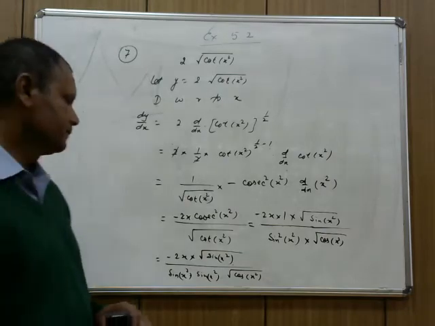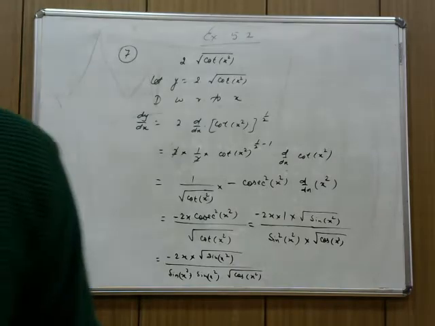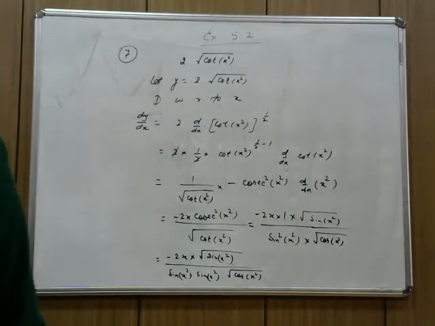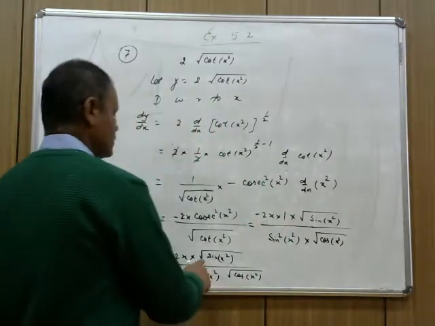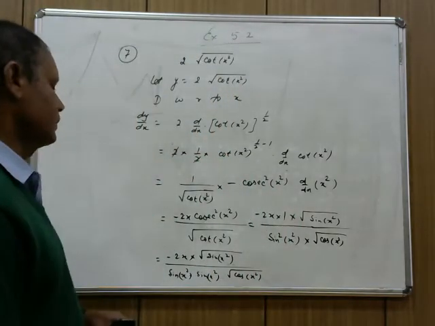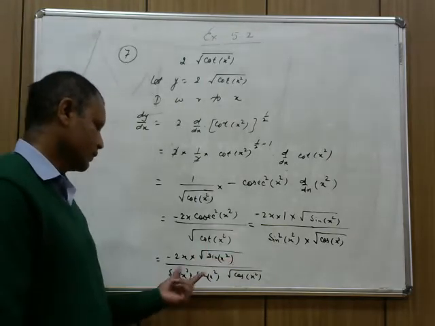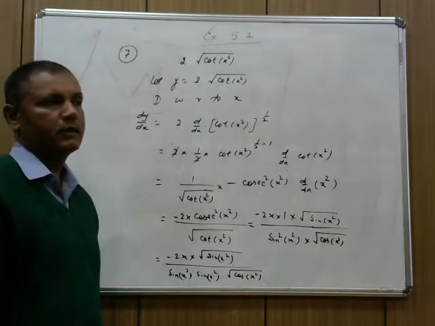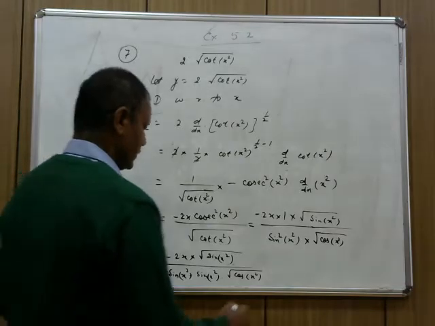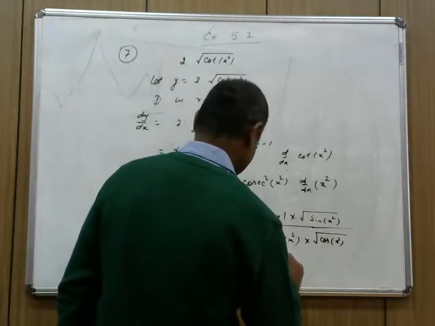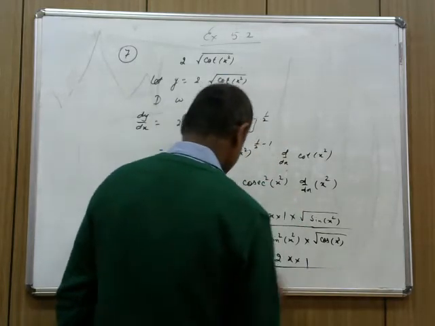Can I write? So now you know that under root sin x square into under root sin x square, we will have sin x square, isn't it? Therefore, this part will have minus 2x, nothing left out. This part will have cancelled.